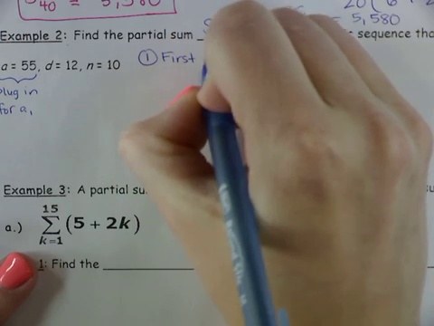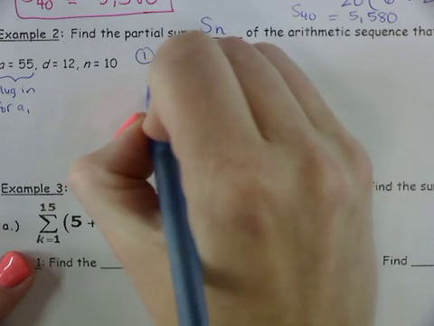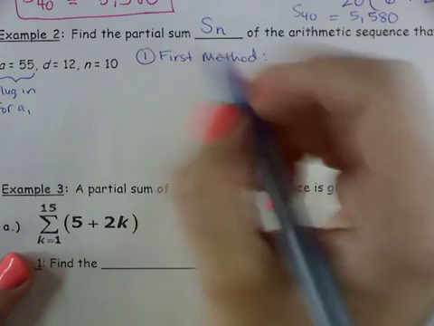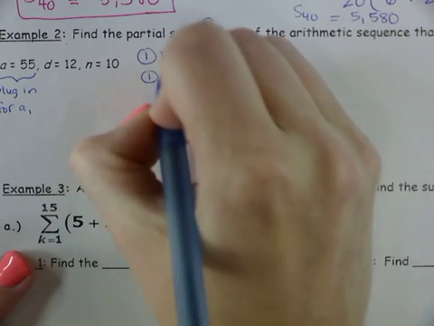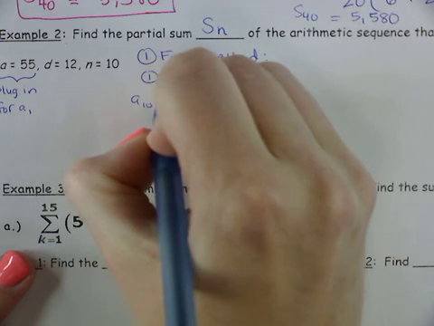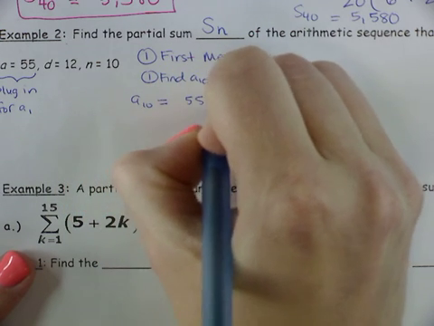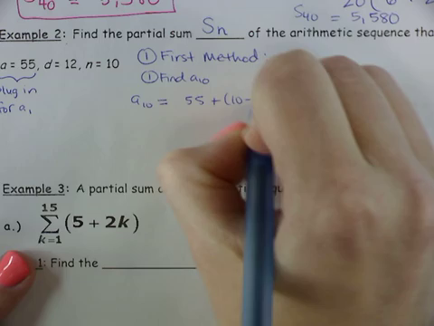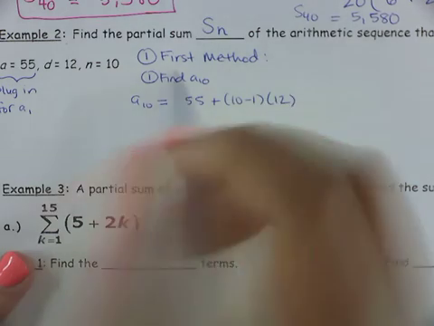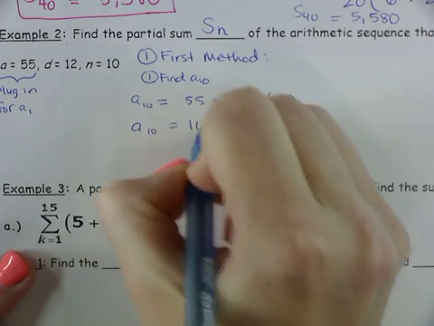So I'll say first method. You could do S sub 10. So you'd have to find A sub 10, which would be A sub 10 equals A sub 1 plus n minus 1 times your D, which is given to you. And then you'll find A sub 10 is 163.